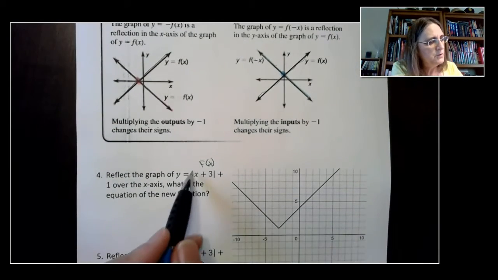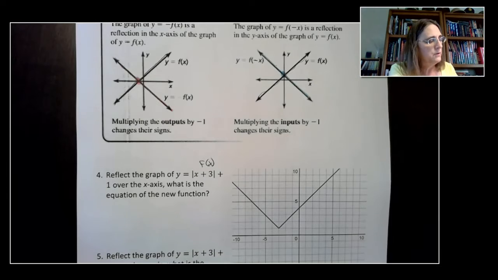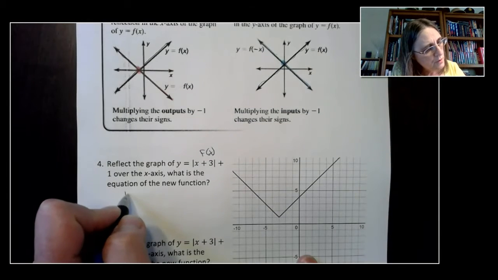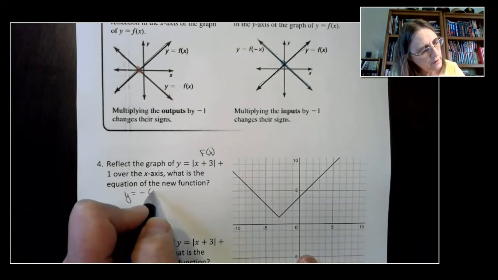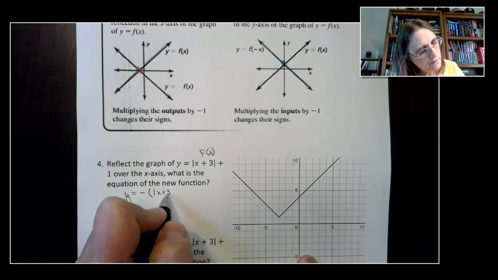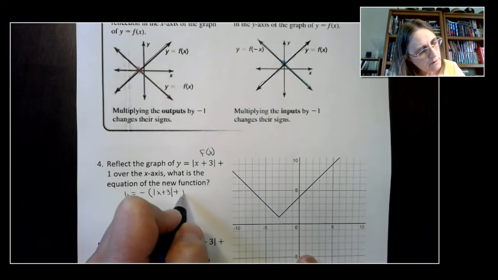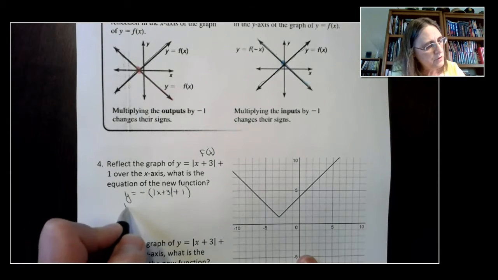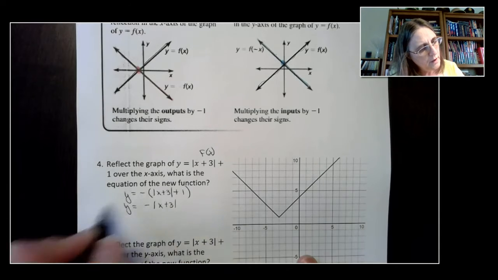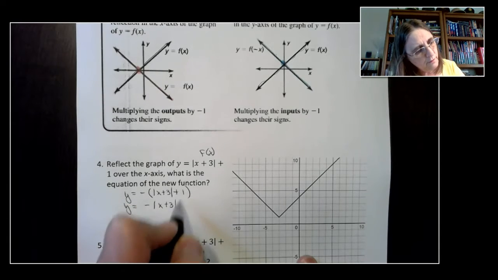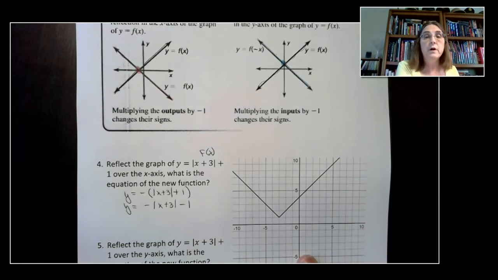So I'm going to take this whole function and do the negative of it. So y equals the negative of this entire function f of x. So when I do that, distributing the negative, I have negative, the absolute value term, and the negative of plus 1 makes it minus 1.